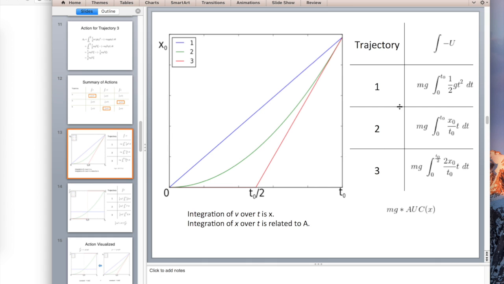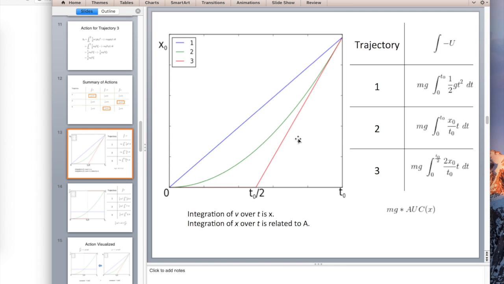In fact, the calculation of the integration of the negative potential energy over time can be expressed in such forms for all the three trajectories. In all these three forms, the integration part is actually the area under the curve of the trajectories. So in general, it can be expressed as a constant mg times the area under the curve of the trajectory in the PT graph.